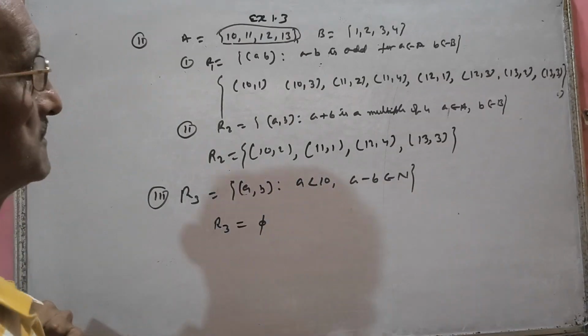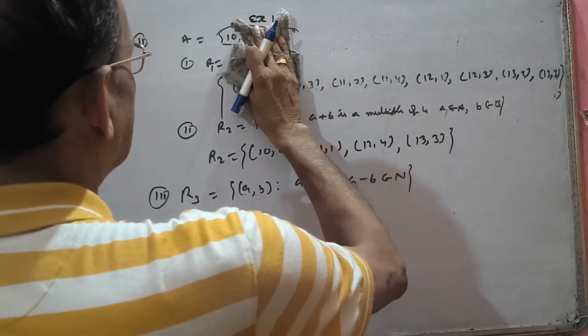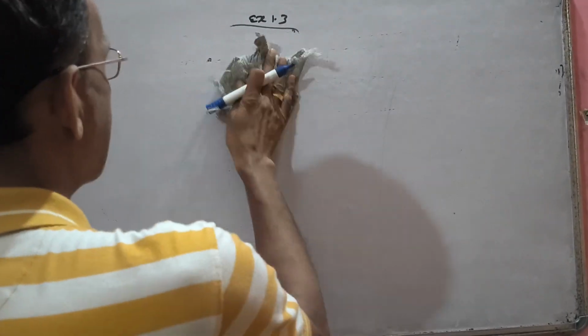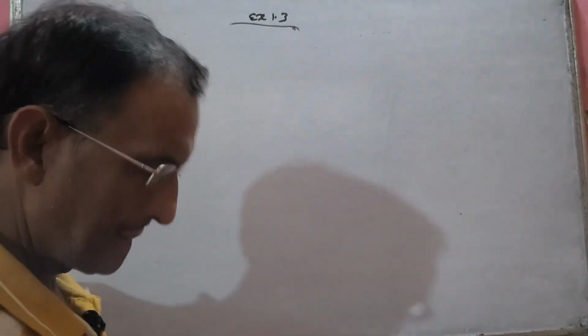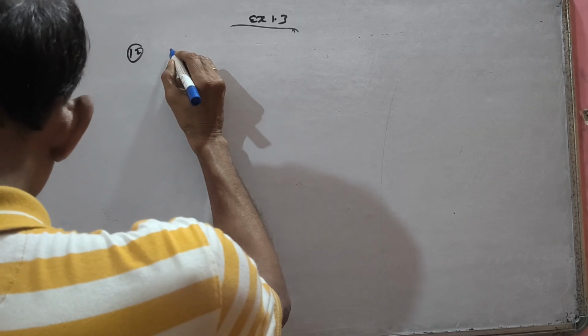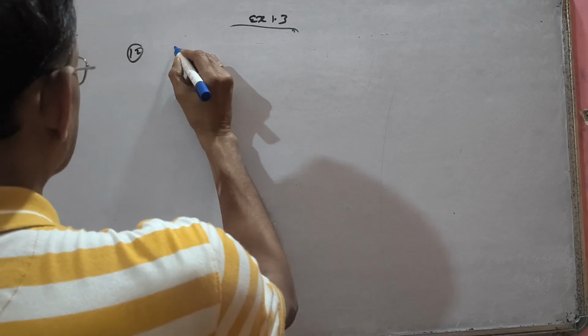Okay, now we go to number 12. Question number 12. R1 and R2 are relations on the set of integers.